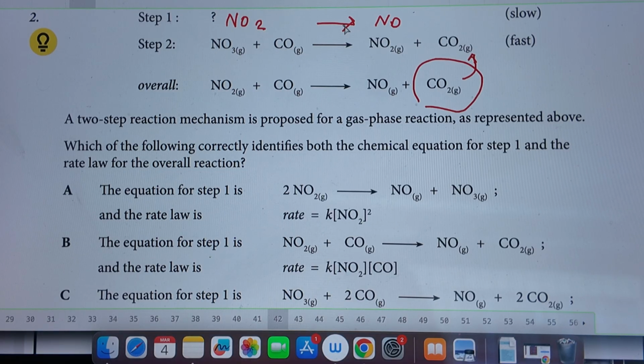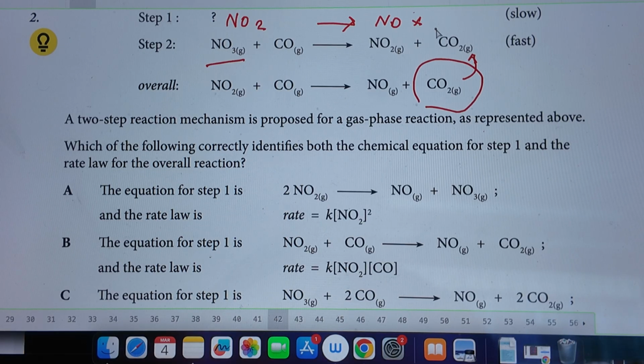Let's try, because NO3 needs to get canceled, right? Because it doesn't end up in the overall. So here, NO3 needs to end up on this side. Right?